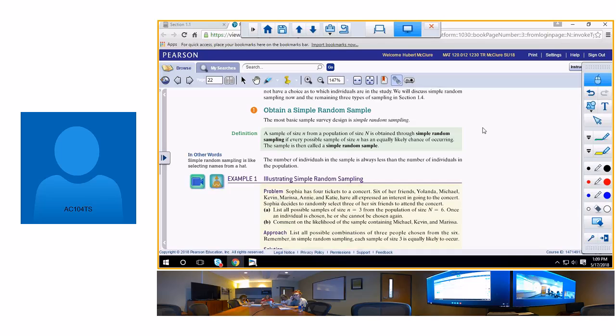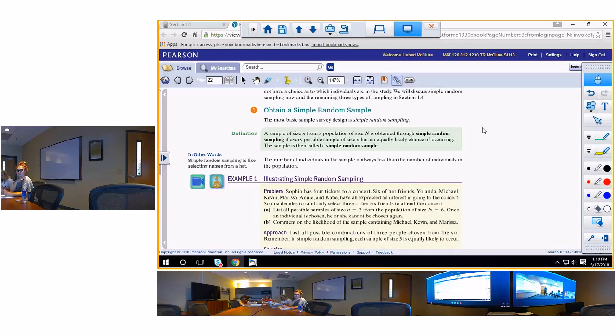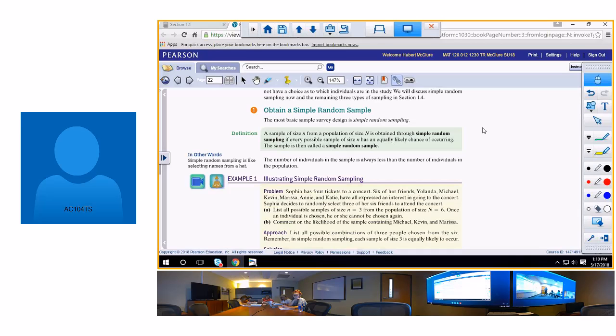If I was to give every one of you a yellow Post-it note and a red pen, and give you directions to print your first name, middle initial, and last name on the Post-it note, fold it in half, and put it in a goldfish bowl.